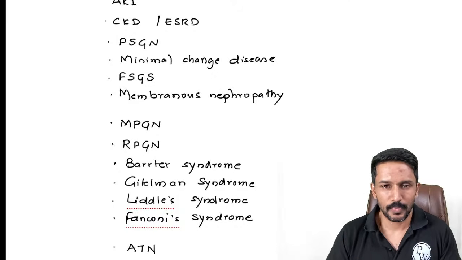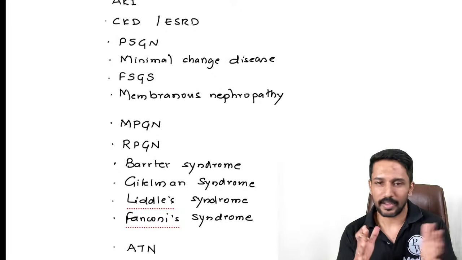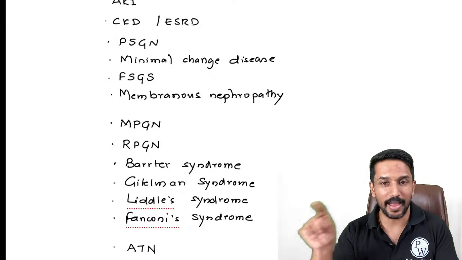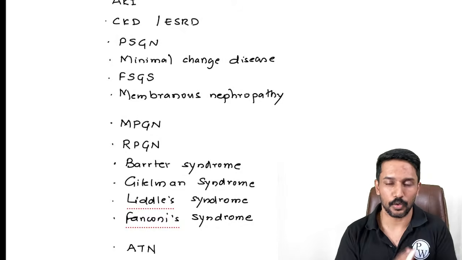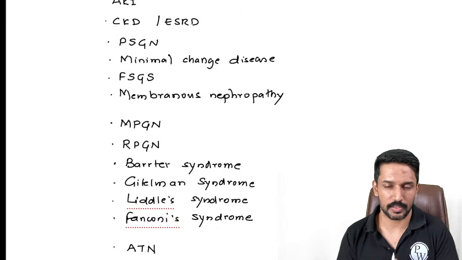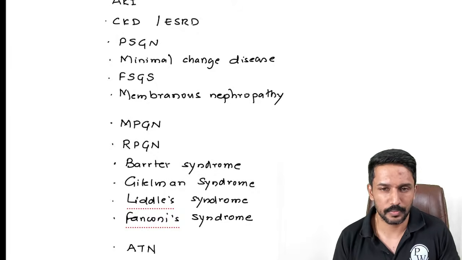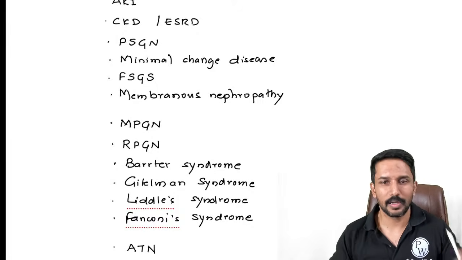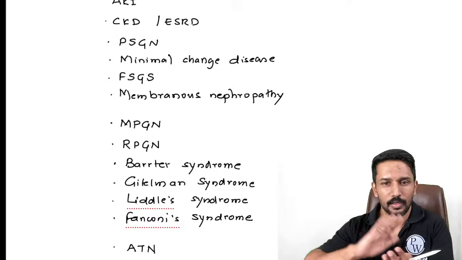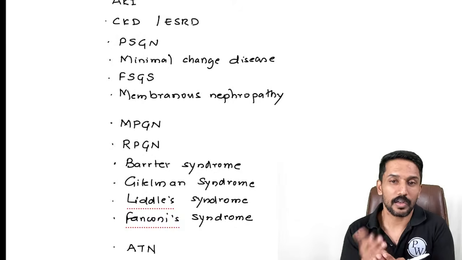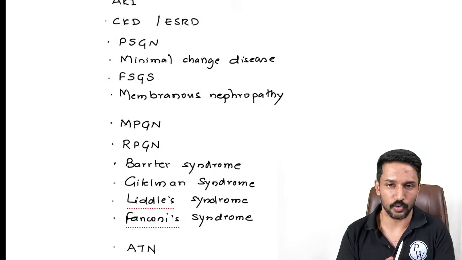Like for example, if someone comes to me with ataxia and action tremor, dysdiadochokinesis, nystagmus, can I localize which part of the nervous system is affected in this particular story? The patient presented with ataxia or imbalance, not able to do rapid alternating movements, we call it as dysdiadochokinesis.